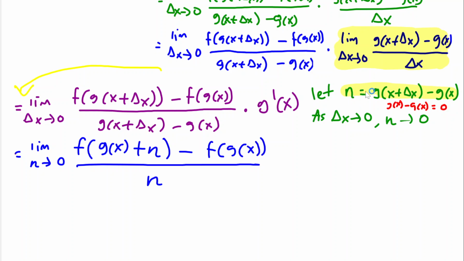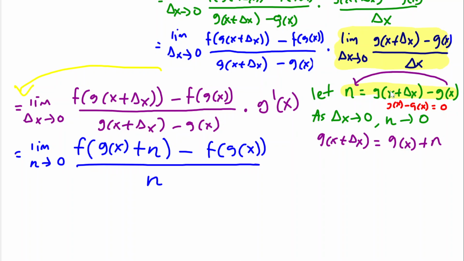If n equals g of x plus delta x minus g of x, then g of x plus delta x is the same as g of x plus n. I'm adding a g of x on both sides, moving this g of x over to the other side of the equation.